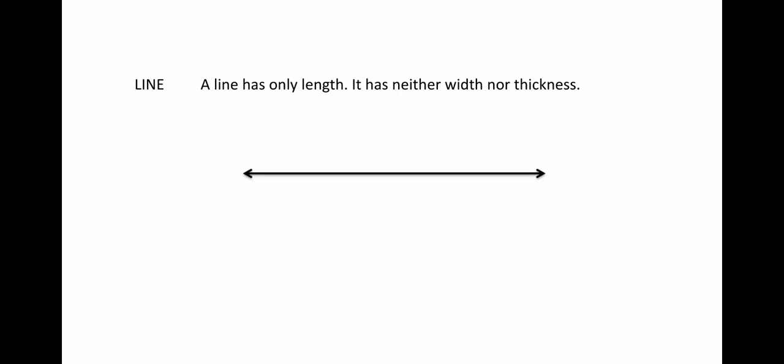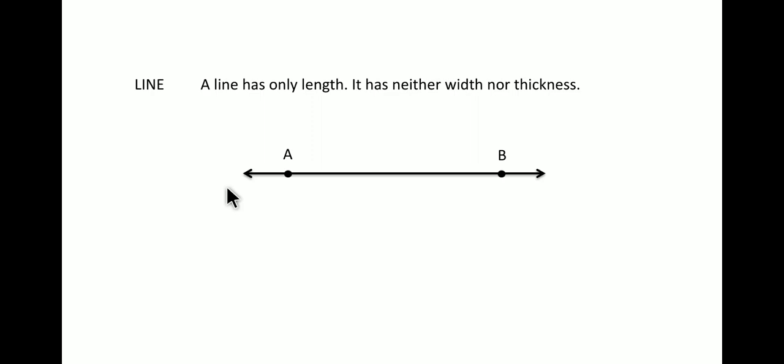Next is a line. A line has only length and it has neither width nor thickness. So here this is a line and we take any two extreme points of this line, let's say point A and B, and there should be two arrowheads on both the sides. This indicates that this line will go up till infinity towards this side, and here also it goes towards infinity.